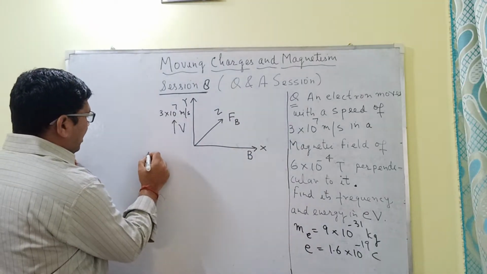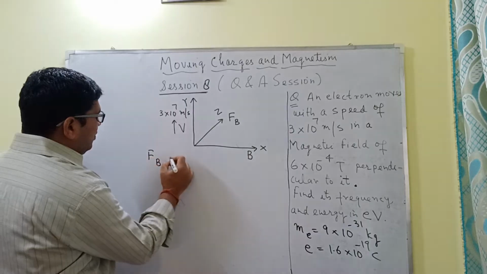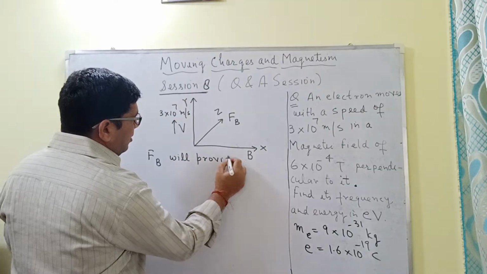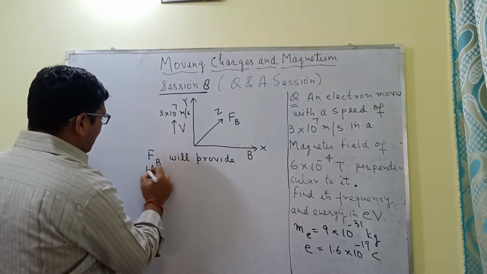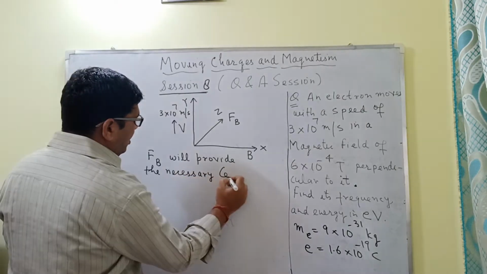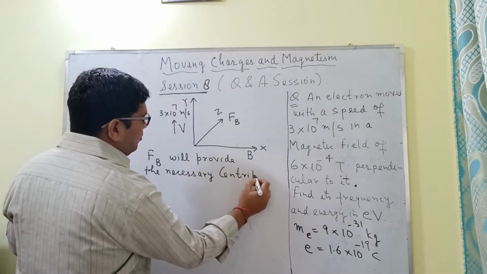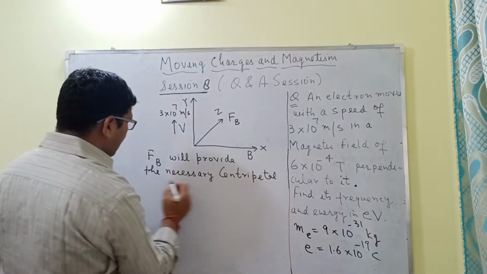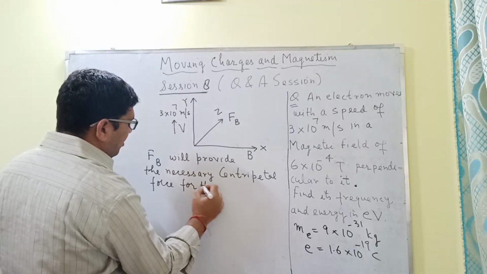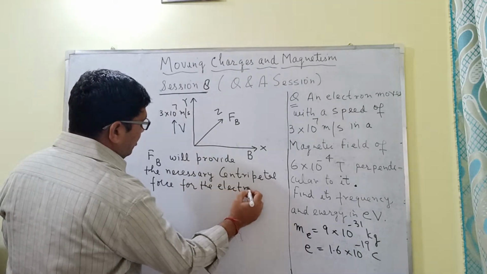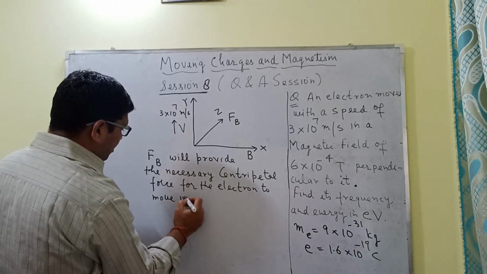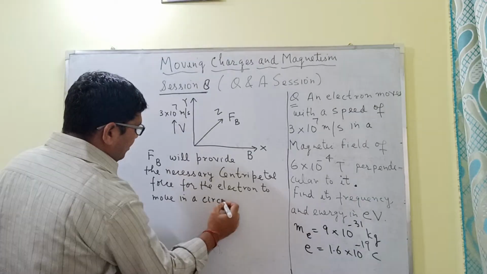That is, the magnetic force F_B will provide the necessary centripetal force for the electron to move in a circular path.